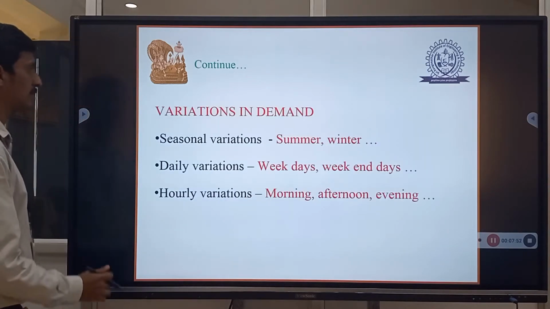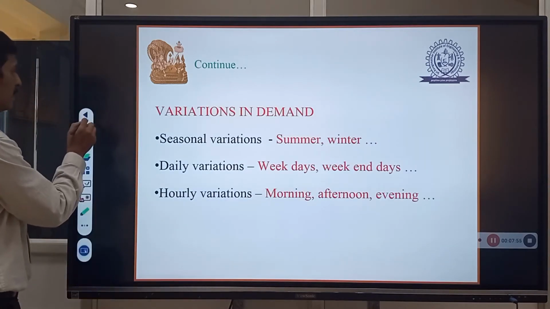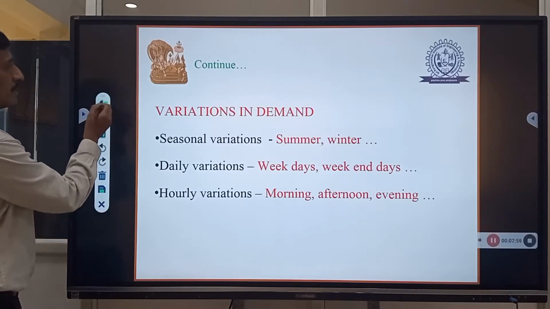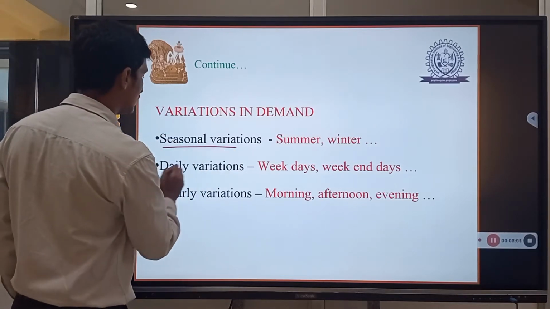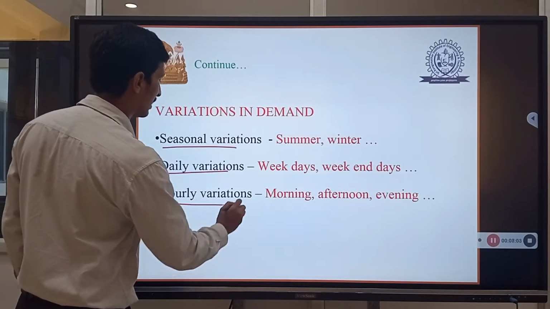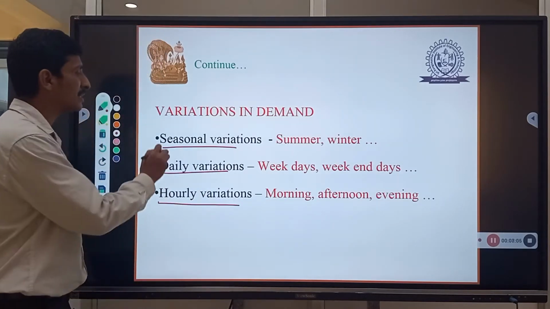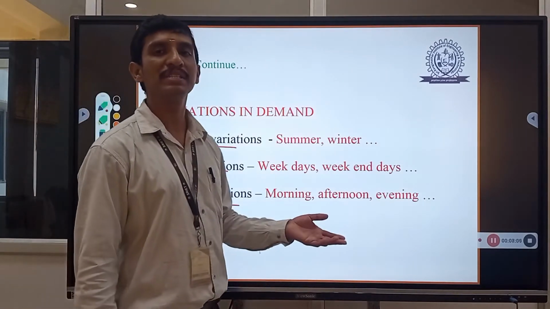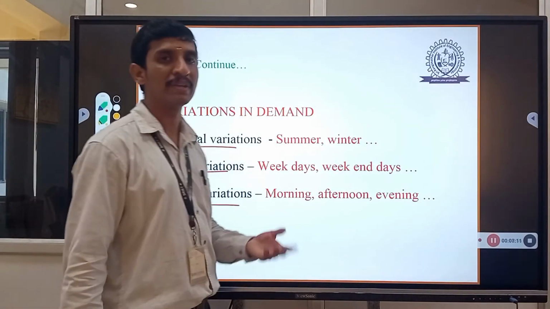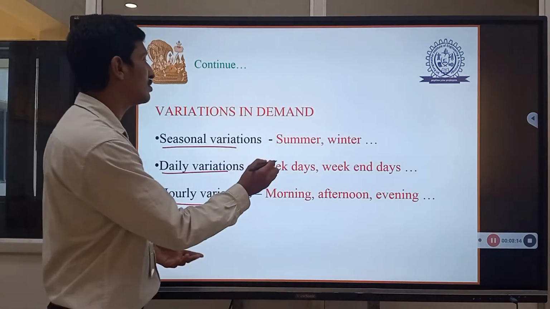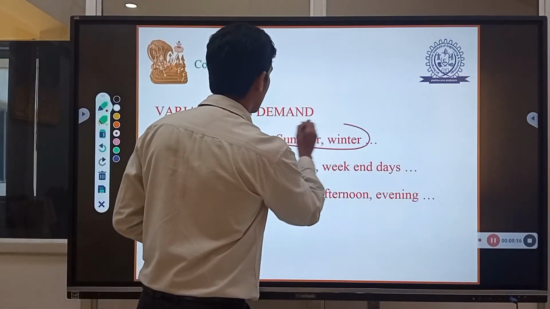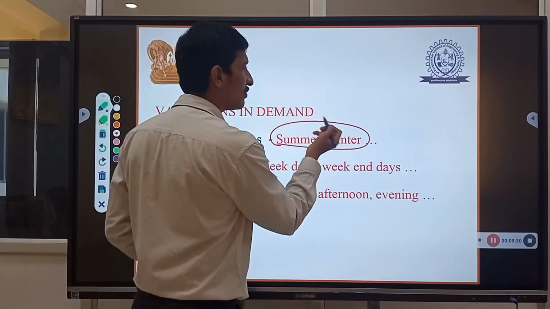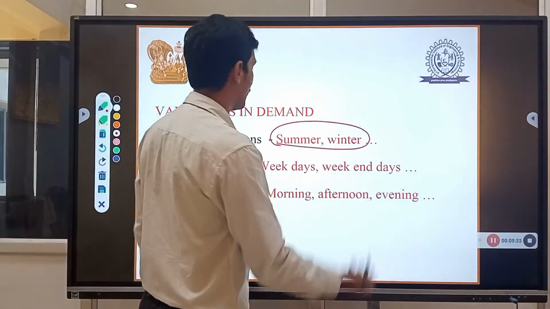Next, apart from that demand, we also have demands like seasonal variation, daily variation, and hourly variation. In the case of seasonal variation, like summer, winter or rainy season, the availability of water will vary. In that also we will discuss our consideration to estimate the water to supply that particular area.